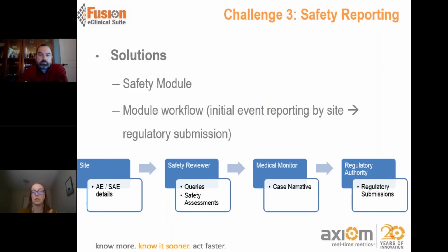So that includes those interim steps of the safety reviewer, whether it's queries going back to the site for clarification, any additional safety assessments that need to be applied, as well as the medical monitor, the case narrative review, drafts and revisions, all the way through to the actual reporting itself, and any follow-up reporting needed from there.